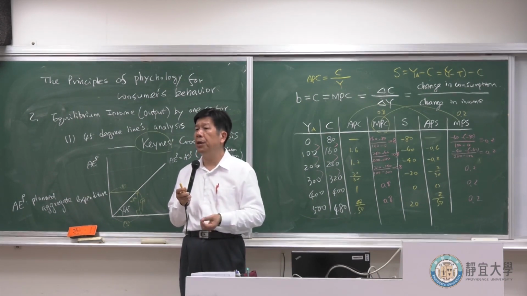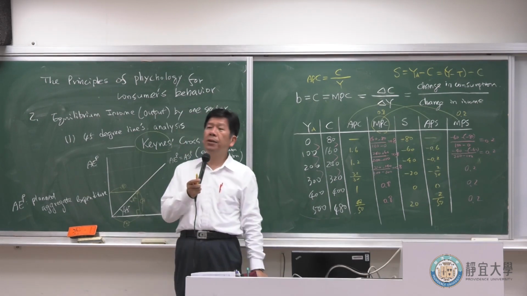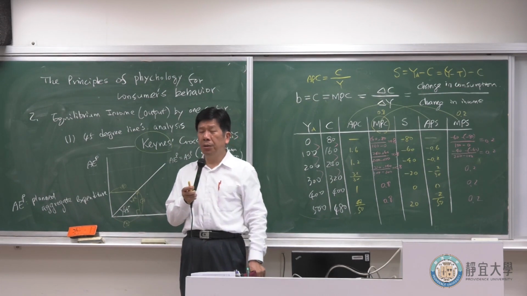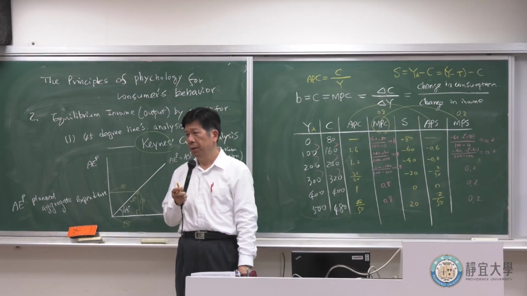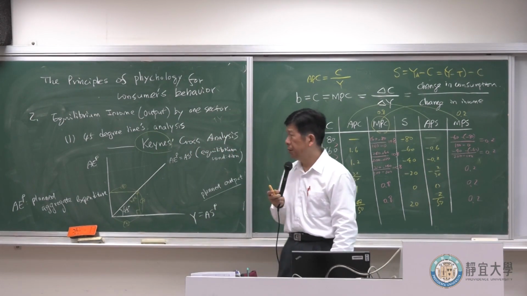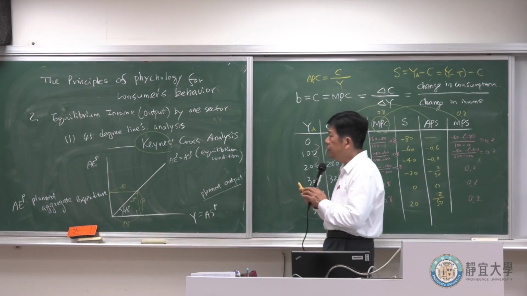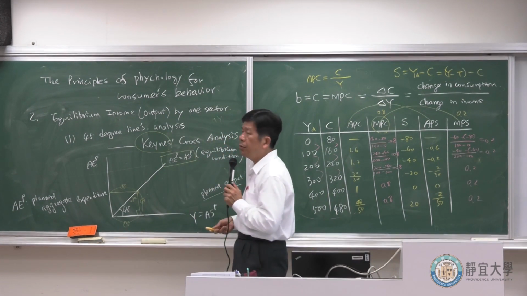This company orders 100, and then you make 100. If you make more, maybe it becomes inventory. This is not good for your production. So here, this represents the equilibrium condition.